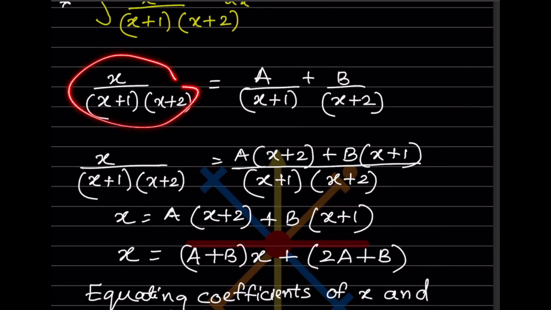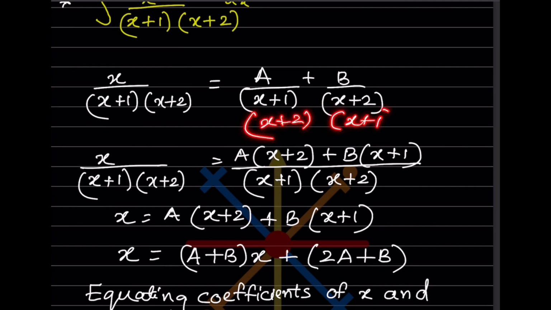Now if we take the LCM, here additionally we need x plus 2 and here we need x plus 1, because the LCM is x plus 1 into x plus 2. So we multiply: a multiplied by x plus 2 plus b multiplied by x plus 1, divided by x plus 1 into x plus 2.